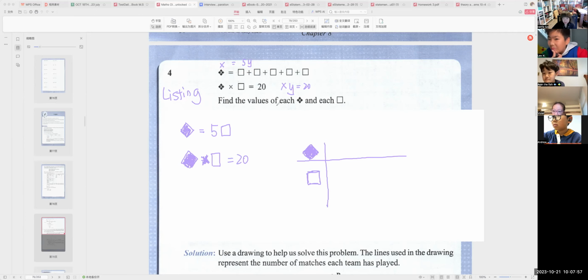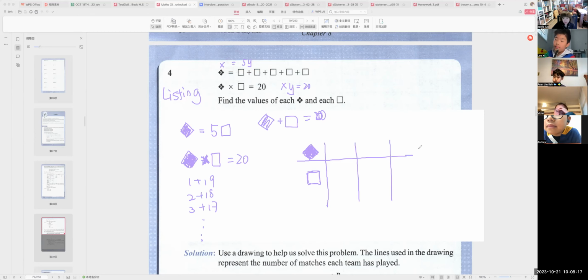Think about it. If it is diamond plus square equals 20, there are going to be tons of possibilities: 1 plus 19, 2 plus 18, 3 plus 17, and so on. There are 20 possible answers, 21, 22, right? But if it is diamond times square, it's different.